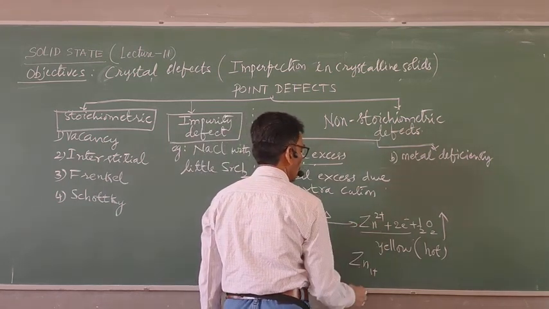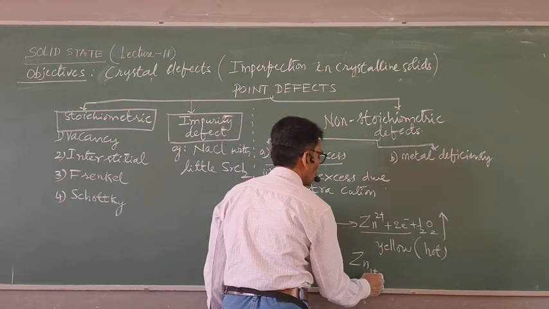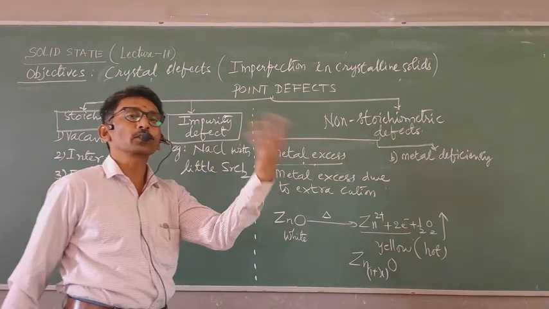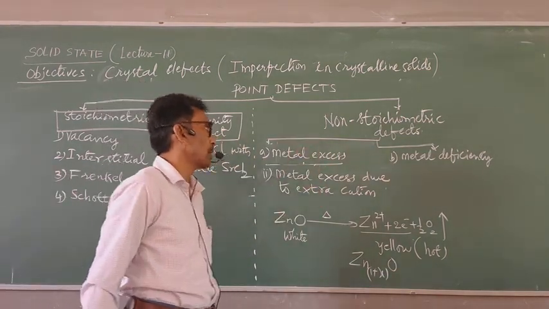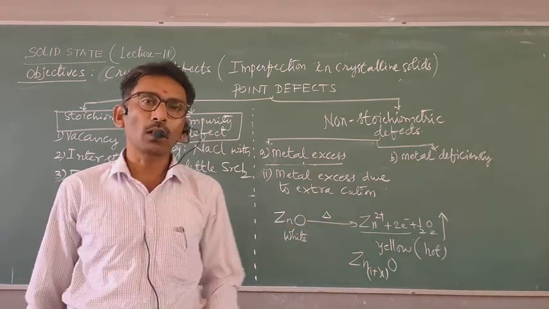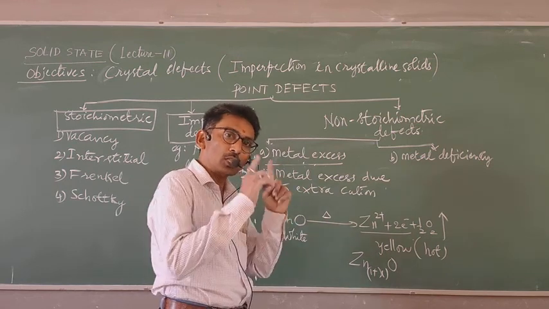So the compound is Zn1+xO, with some extra Zn2+ ions. Therefore, the formula is changed and it is known as a non-stoichiometric defect, and white zinc oxide now becomes yellow on heating due to extra cation coming back to the interstitial void.